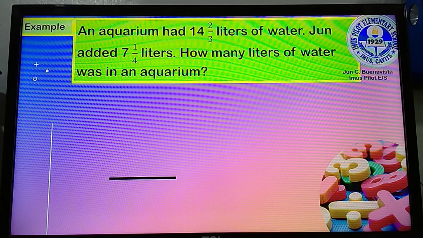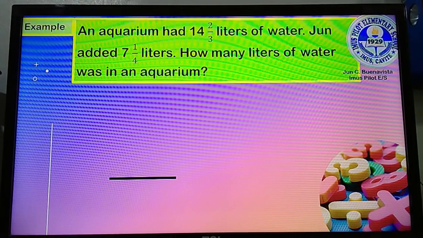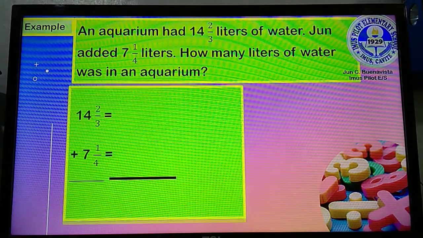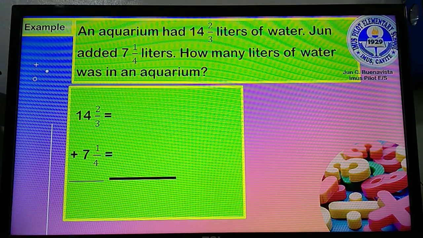The two given facts, we call mixed numbers because each is a combination of a whole number and a fraction. So now, if we are going to copy our given facts, that is 14 and 2/3 plus 7 and 1/4. So always write your given in a horizontal way if your fractions are dissimilar or the denominators are not the same.